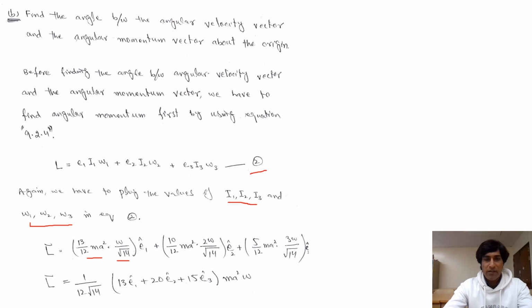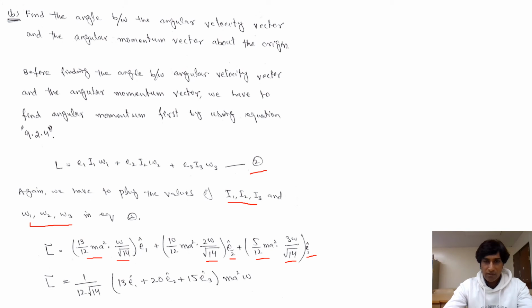Similarly, plus 10 divided by 12 ma square, which is the value of I2, multiplied by 2 omega divided by square root of 14, which is the value of omega 2, into E2 unit vector, plus 5 divided by 12 ma square, which is the value of I3, multiplied with 3 omega divided by square root of 14, and this is E3 unit vector.